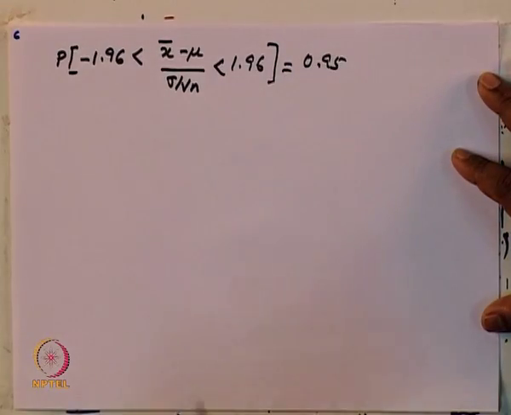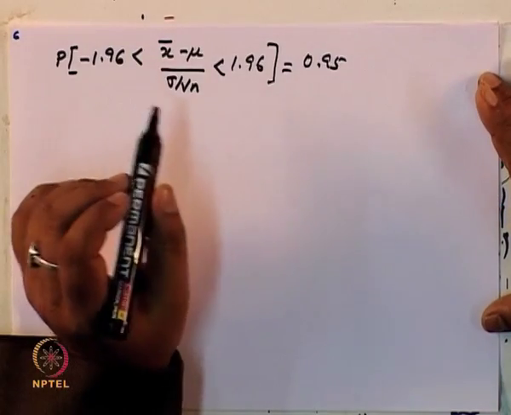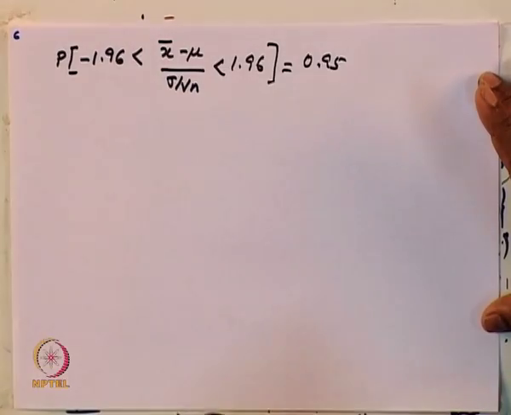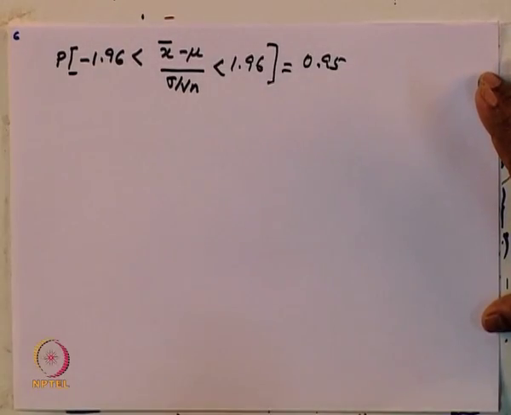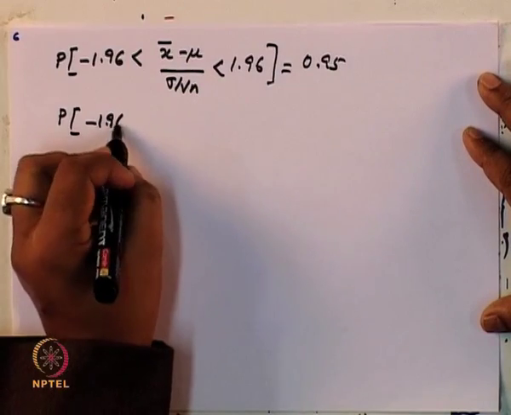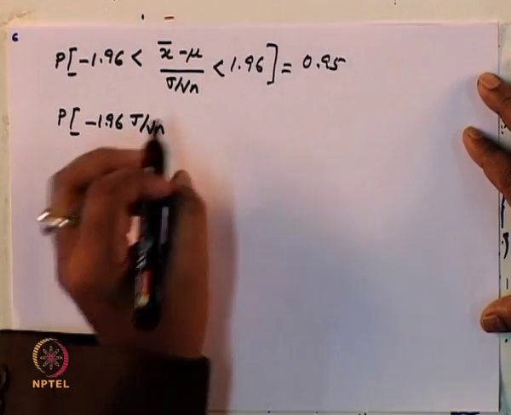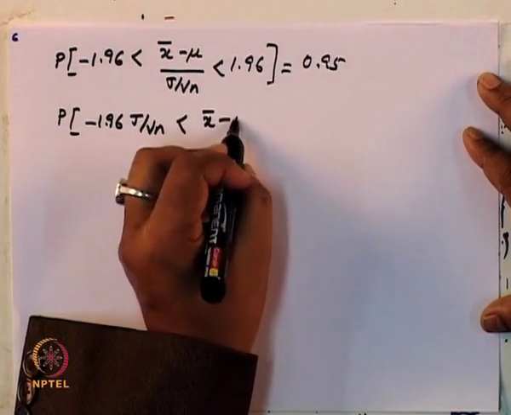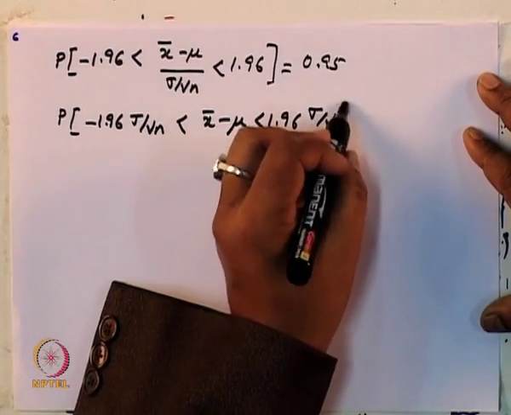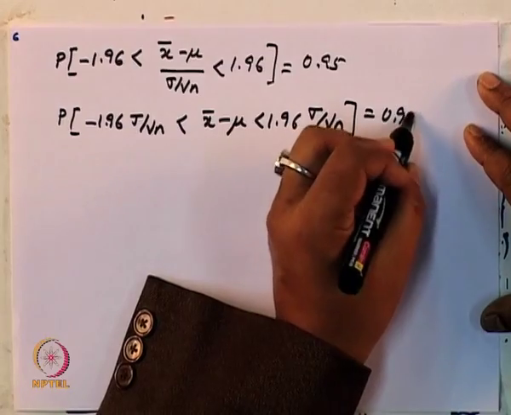This is what it means to have a 95% chance that your estimate is going to be within two standard deviations. So I can rewrite this equation by multiplying by sigma by root n. I can write |x bar minus mu| less than 1.96 sigma by root n, and the probability of this is 0.95.